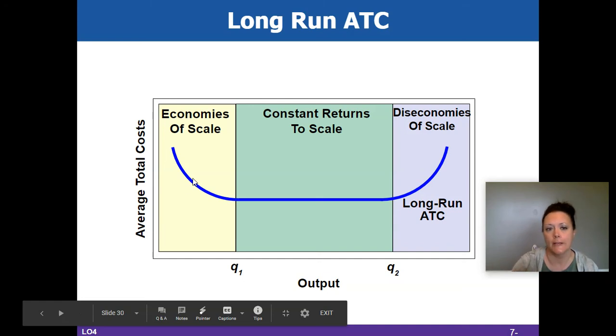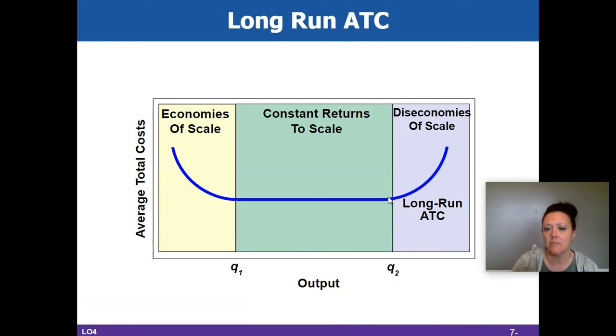So it's all good. Now, this area in the middle of the U shape is what's called constant returns to scale. So, I can decide where along that output horizon I want to be, and any of those points are good for me as far as profit goes.